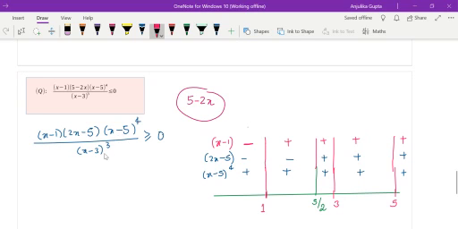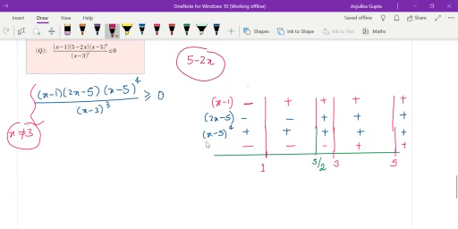Then you want to exclude that number. x minus 3 cube, this is an odd power. It is going to change the sign at 3. So it is positive to the right of 3 and negative to the left of 3. So here again you have to make a note that x shouldn't be 3, because at 3 it is not defined.